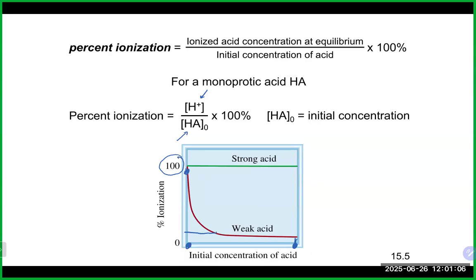You got a whole pizza, take one slice out, not a big deal. But if you only have 2 slices and take one out, it's a much bigger percentage of what you started with. And that happens with our acids here as well. So you could use this as a formula to figure out the percent ionization of your acid. For the one that we just did, our percent ionization was like 0.02%, right? So just a little bit of it basically broke off in that situation.